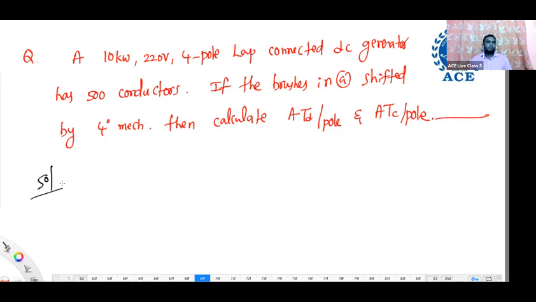Direct substitutions, but here the current is not given directly. Power rating and voltage rating are given. Using that power and voltage, calculate the armature current: 10 kilowatts, 10k divided by 220. How much armature current?